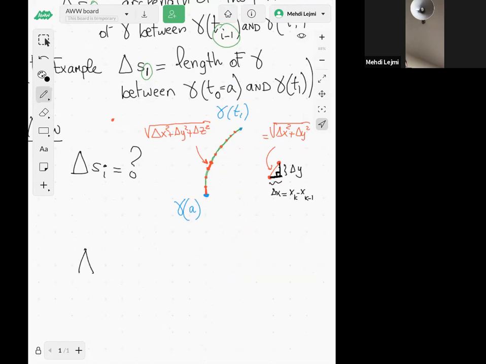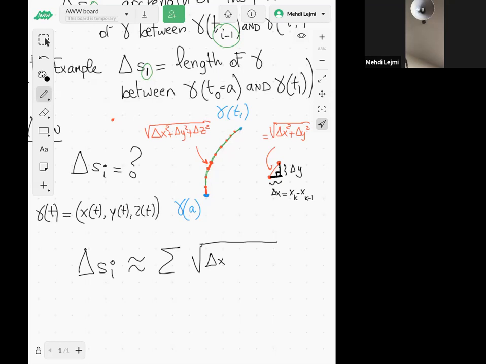So then my delta s i can be approximated by a sum. I divided my arc length into very small portions, so that would be a sum of square roots. Here, of course, your x depends on the parameter t, because we have a path or curve. The first coordinate is x of t, this is y of t, and z of t.